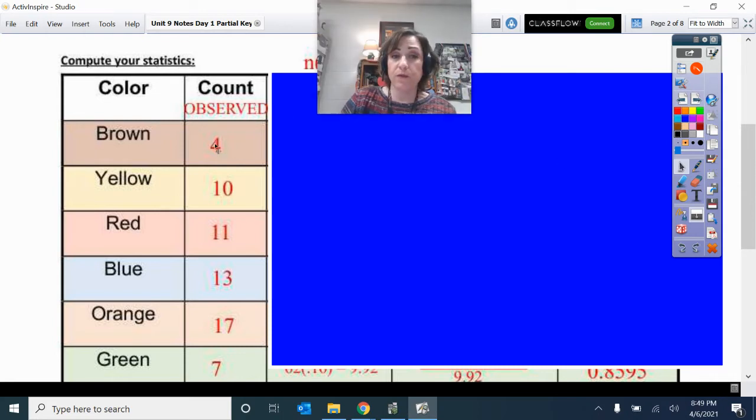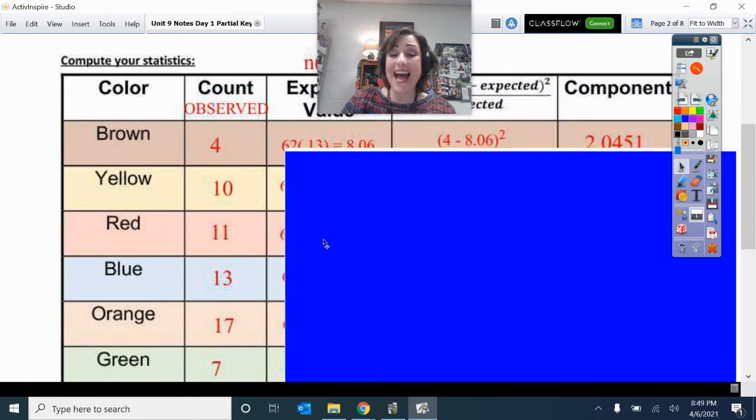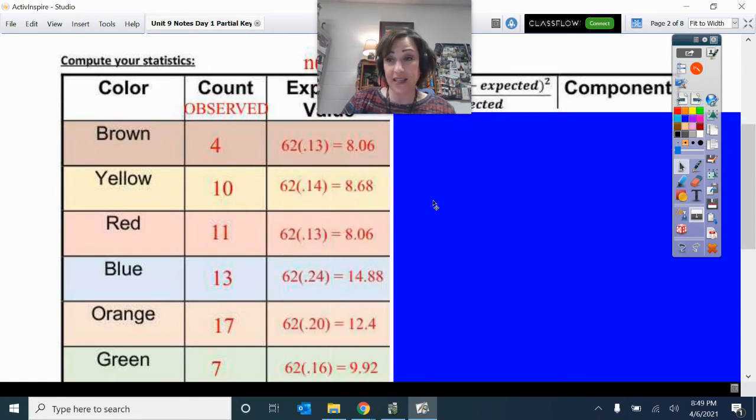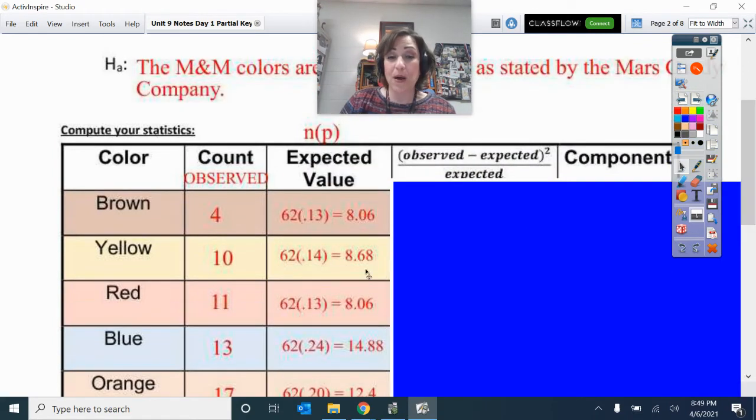So I observed 4 for brown, but I expected to get 8.06 brown. How did I come up with that? Well, for my sample, N is how many? I had a total of 62 M&Ms, and 13% of them were supposed to be brown. So 62 times 0.13 is your 8.06.